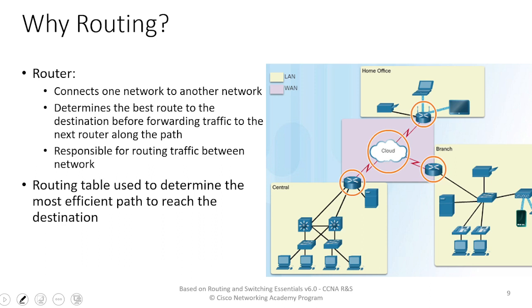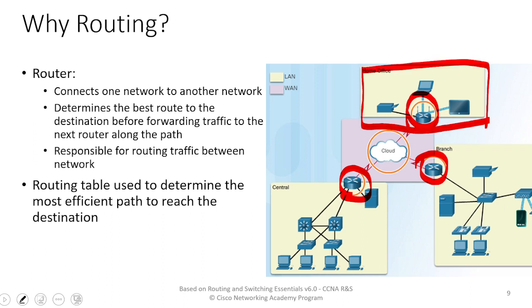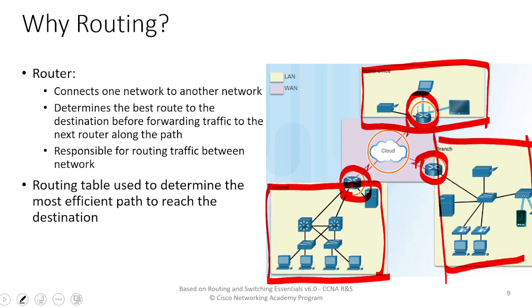In this example, we can identify at least three networks in this environment. There's one network at home, one network at this office, and one network at this branch office. So there are 3 separate networks here.